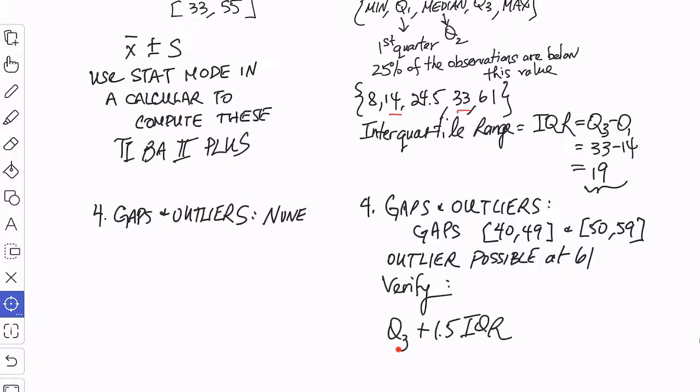Okay, so that data would be considered outlier data. That's the rule. So this is called the 1.5 times IQR rule. Not a fancy name at all.